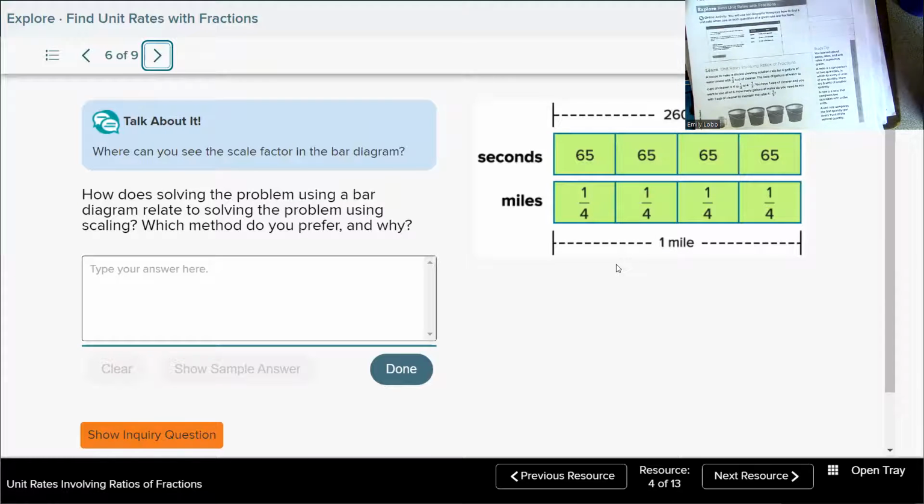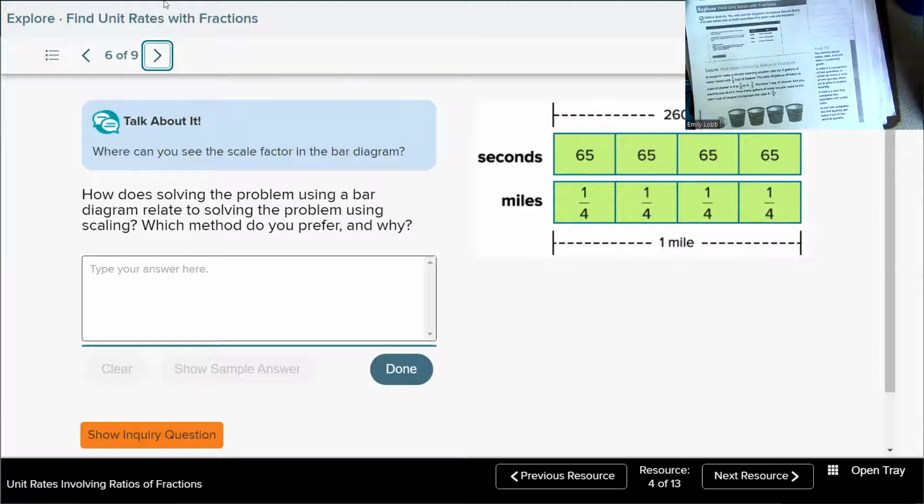What's your scale? For every quarter, she's taking how long? 65 seconds. So if we try to multiply them both by 4, we would use that scale. It's a little bit different. So this is just asking you to think about which method you would prefer and why.